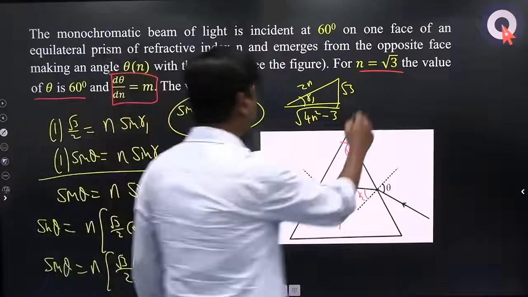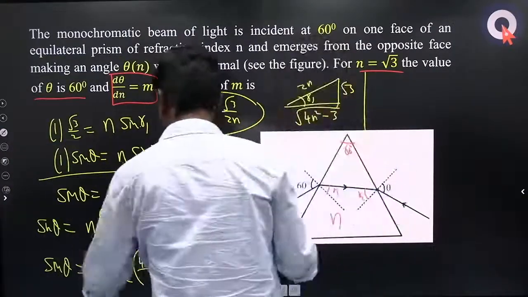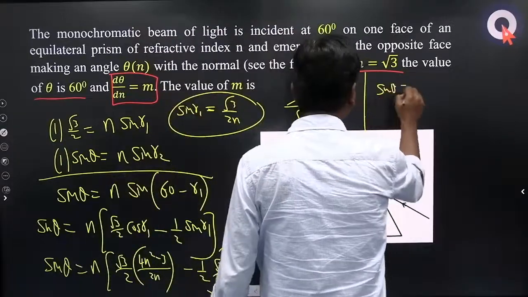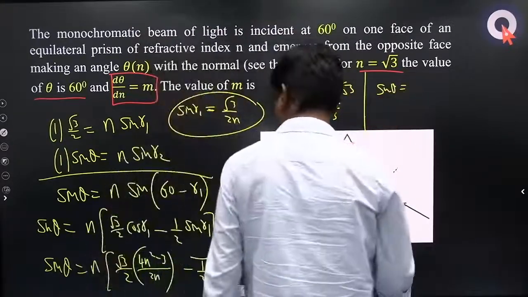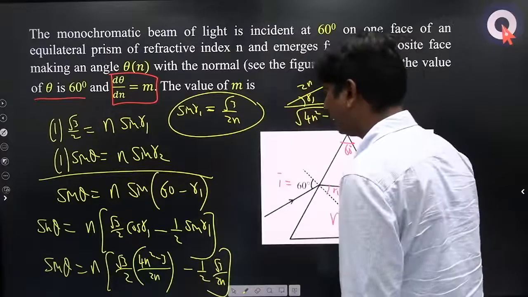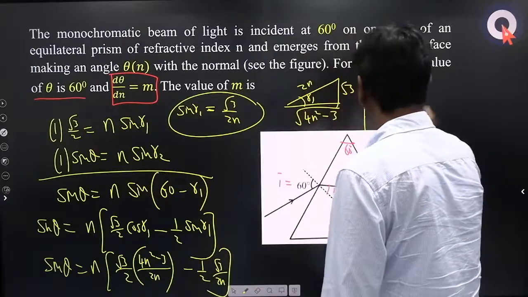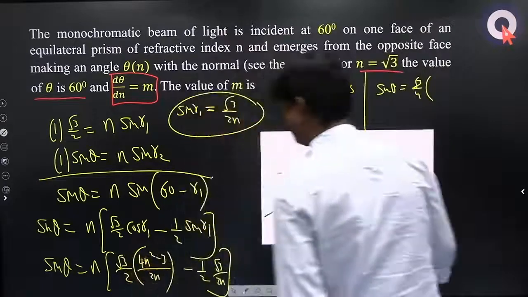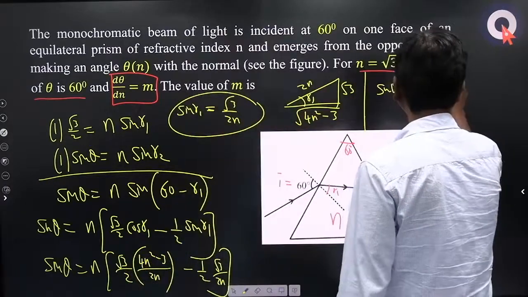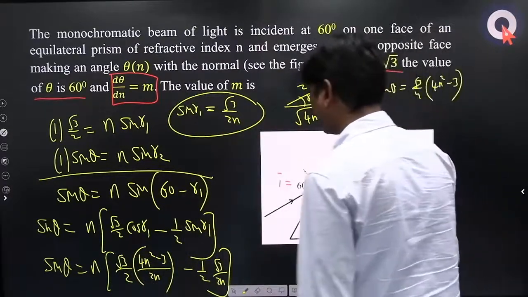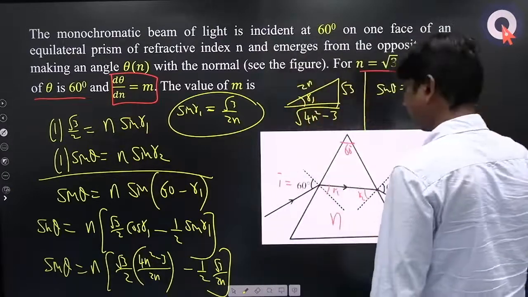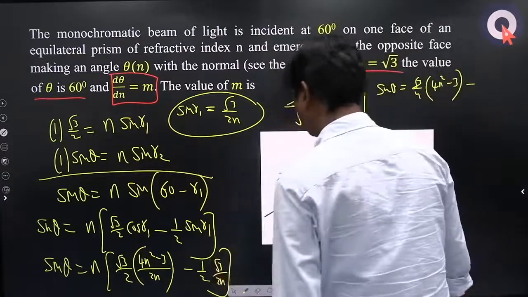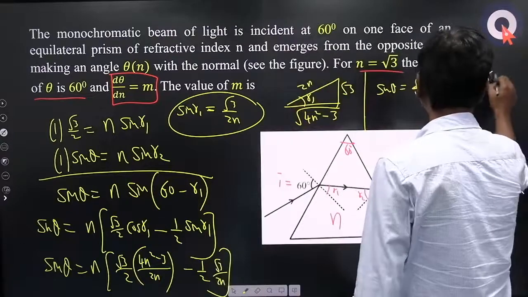So you will be getting sin theta is equal to root 3 by 4 times root of 4n square minus 3, minus 1 by root 3 by 4.